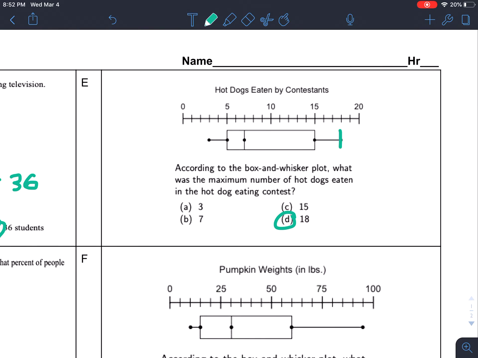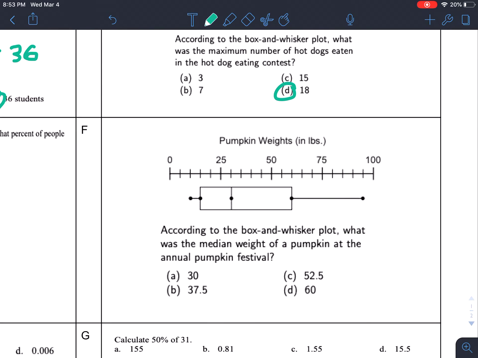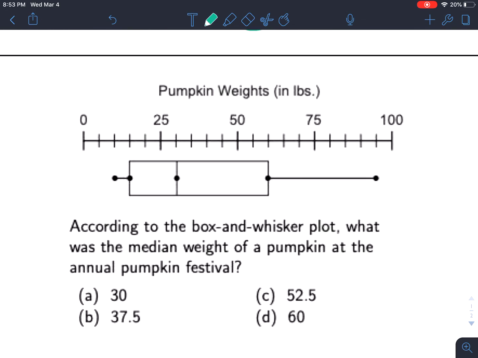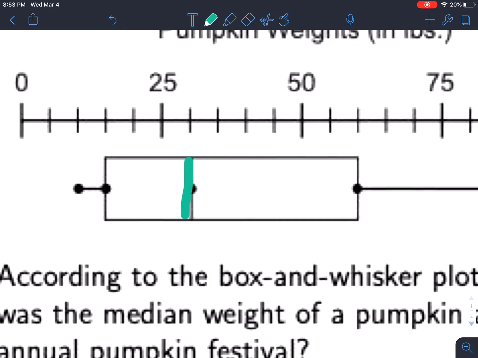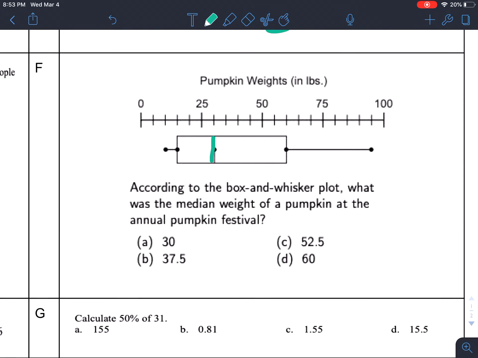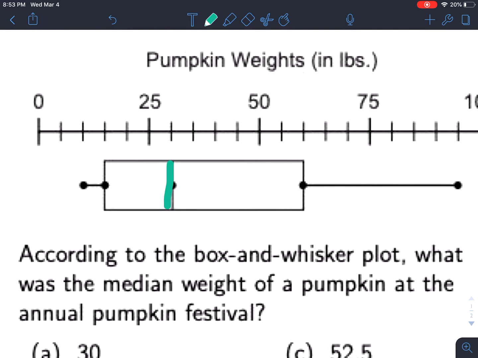Pumpkin weights. Same thing. According to the box and whisker plot, what was the median weight of a pumpkin at the annual pumpkin festival? So the median is going to be the line that is in the middle of the box. That's the median. Again, if you want to use your reference sheet in your workbook, then that's totally fine. And you have to pay attention to scale on this one, okay? So this is 50. This is 25.